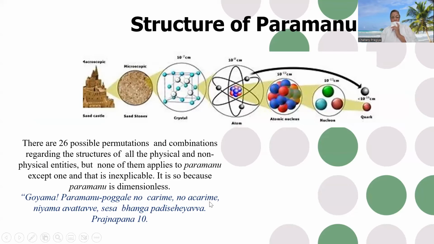Acharime means the middle part. So there is no end, no middle part in the atom. It is niyama avattavve, meaning you cannot explain this structure. And the other combinations and permutations which have been shown in the case of other entities do not apply to the atom. That is the meaning.